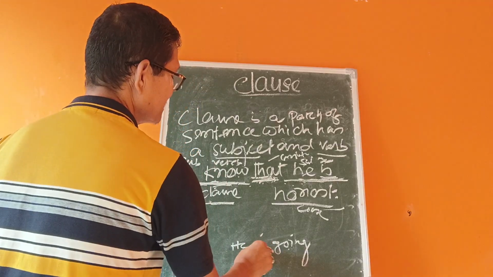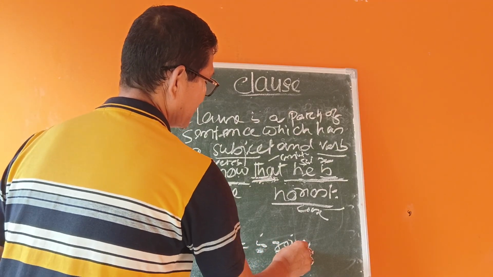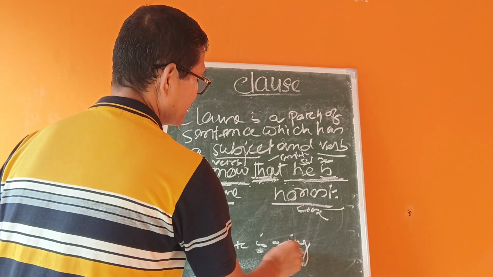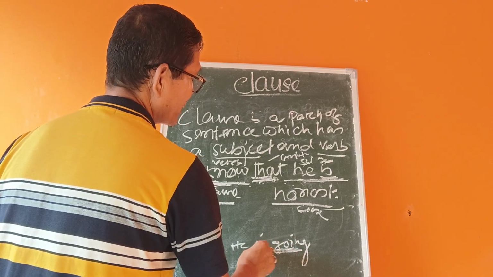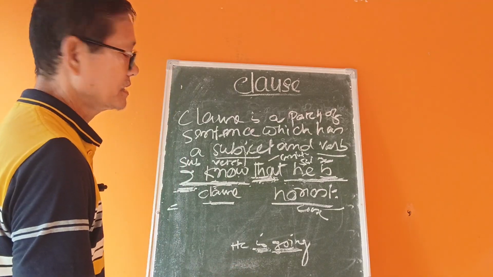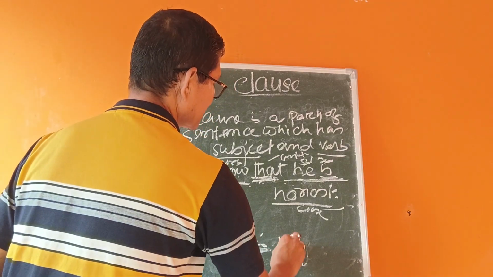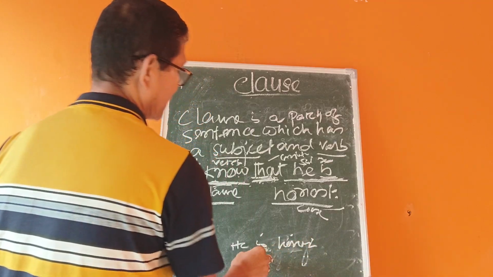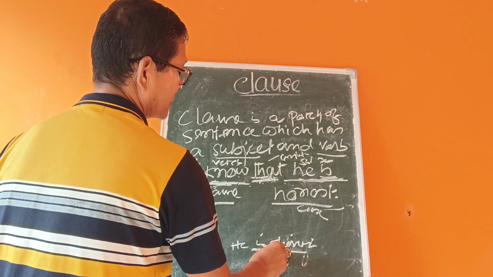Then you can say is is taking the role of helping verb because there is a main verb. If there is a main verb, then it will be considered a helping verb. And suppose there is: He is honest. There is no main verb.